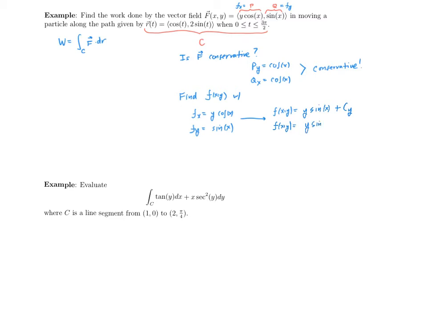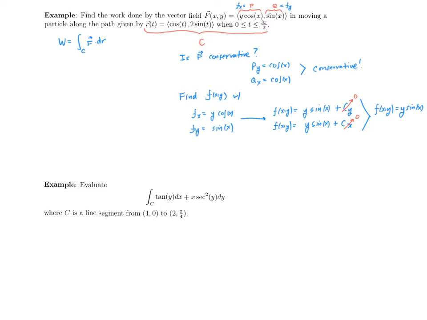So y sine x plus a constant now involving x's. And we should be able to combine these two representations together to come up with a single representation for f. And note in this case, the only term we have is the y sine of x. So we will simply let c sub y be 0 and c sub x be 0.